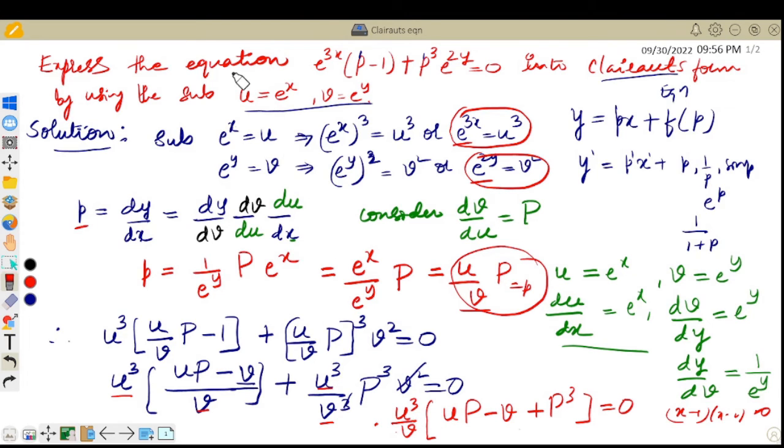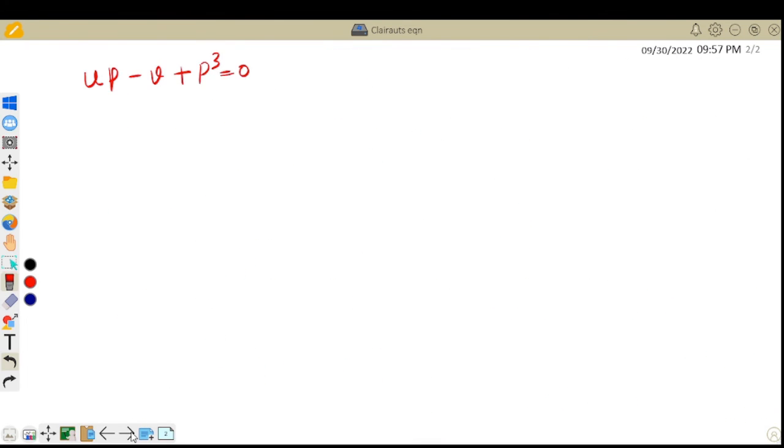In such a case, because we need to take substitution as e raised to x, the first term is never 0. Only thing is this is 0: u into capital P minus v plus p cube is equal to 0. So what you need to do is transform this minus v to the right side: u into capital P plus P cube is equal to v. Or you can write in the reverse order, v is equal to u P plus P cube.